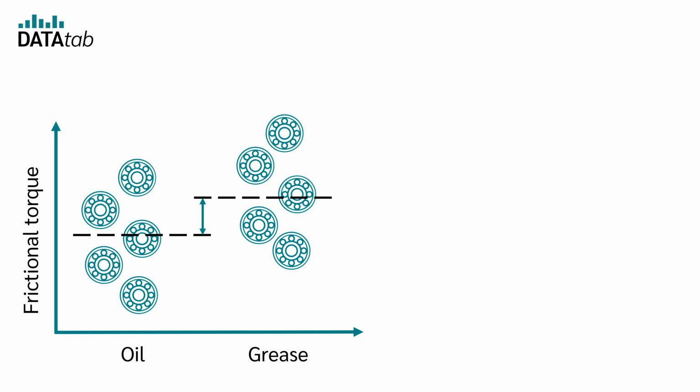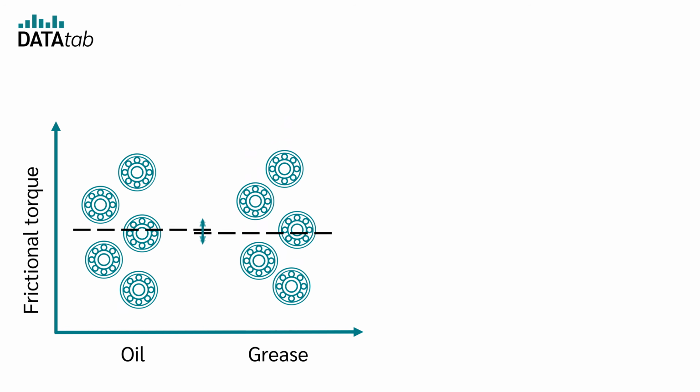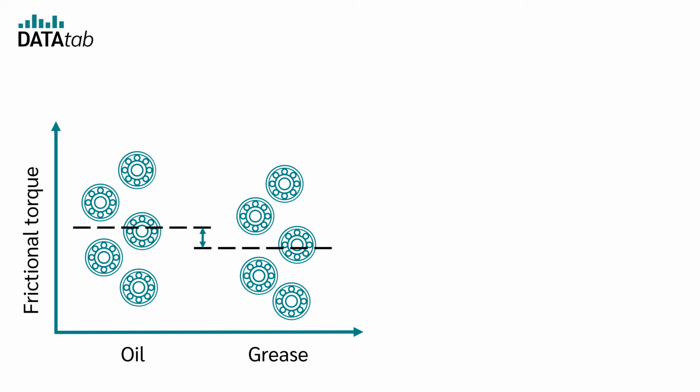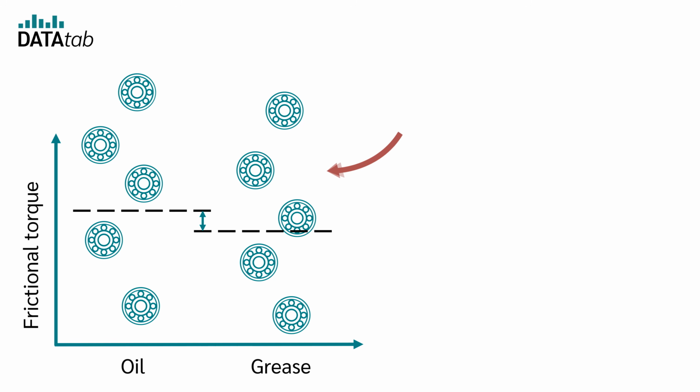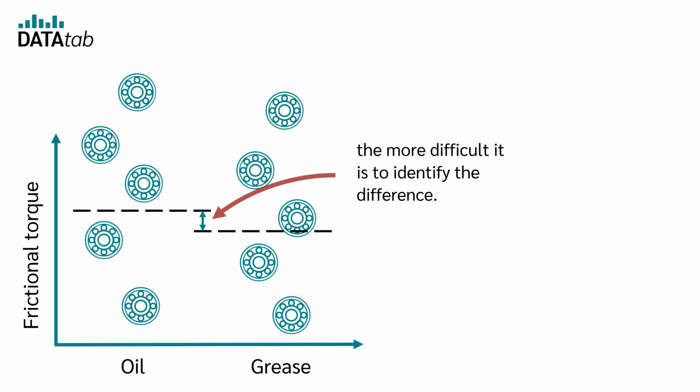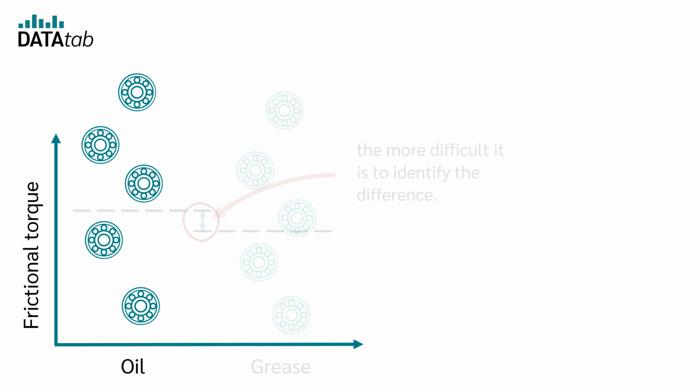If we take another random sample of 10 bearings, it is possible that this time the difference will be greater, but it is also possible that the difference will be in exactly the opposite direction. In other words, the frictional torque of the bearing scatters.